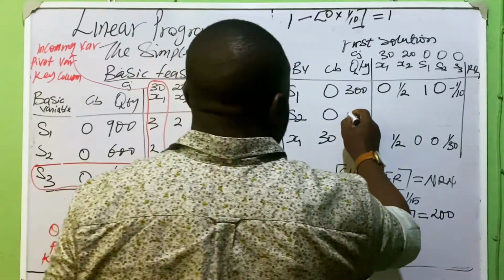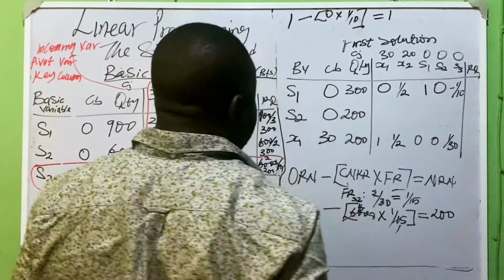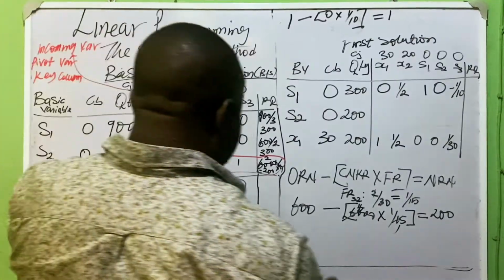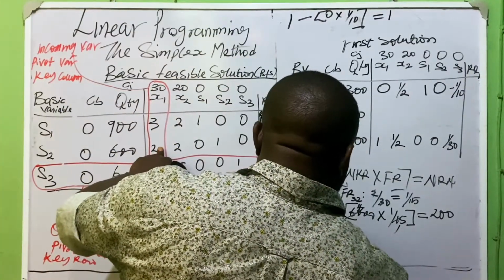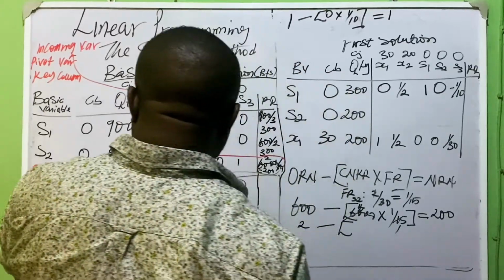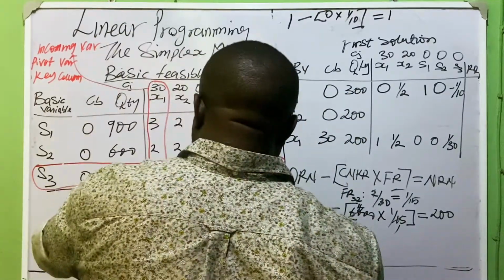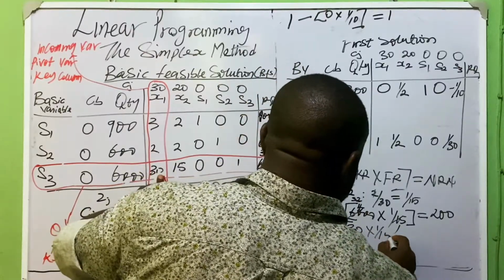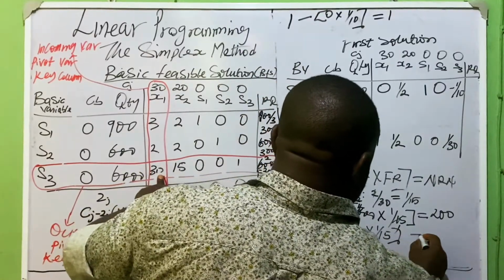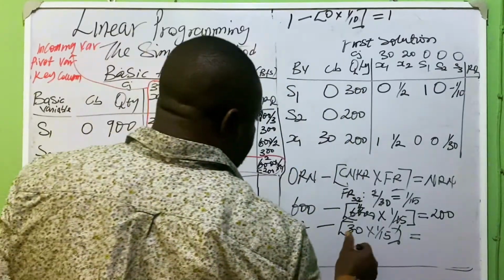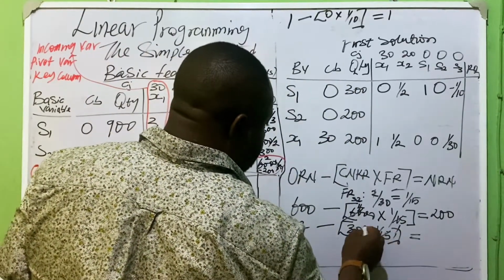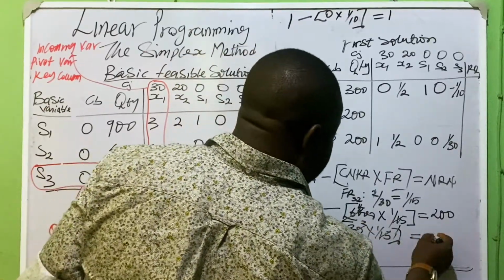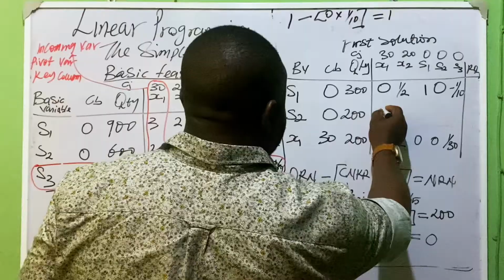Then the next will be to transform this 2, which is 2 minus the corresponding value 30, multiplied by 1 over 15. This goes 2, and 2 minus 2 gives 0. So we'll have 0 here.